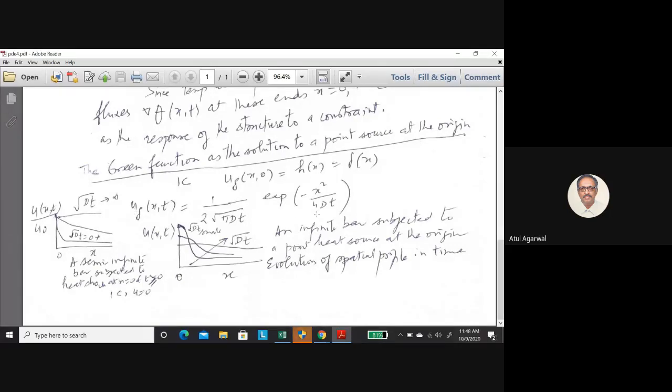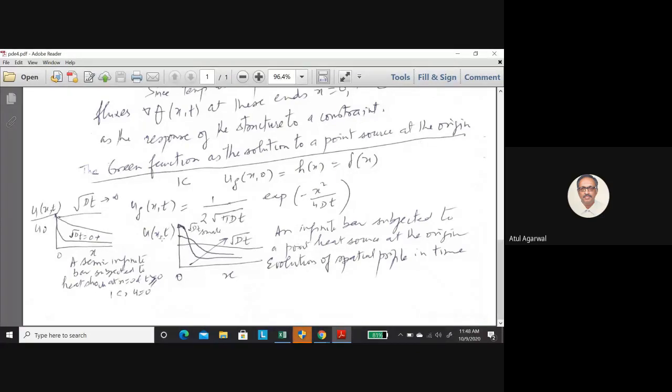You have applied a point source. This Dirac delta function means that at t equal to 0, you are giving a large input here. It's like an impulse and its integral is 1. If you take the integral of delta x, it will be 1.